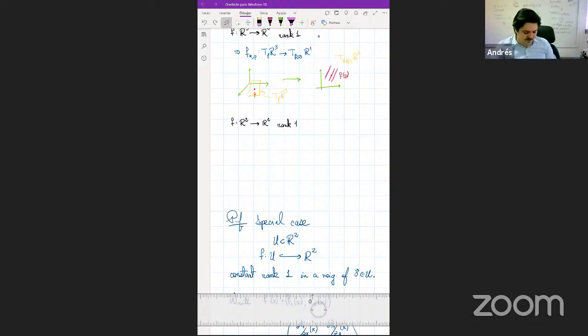Again, I will do it in a particular case only, with a map from a two-dimensional manifold to a two-dimensional manifold, and I will assume that we have rank 1. I will take the 0 point to be the point P. So we have constant rank in a neighborhood of 0.